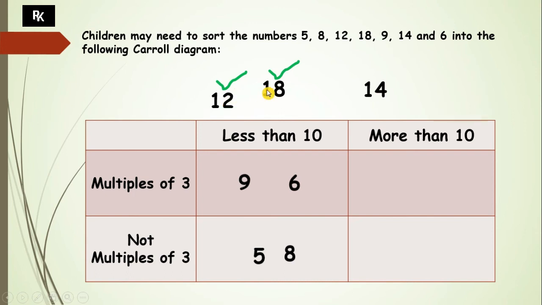Here 12 and 18 are the multiples of 3 and these are also more than 10. So I will write these numbers in this box. 12 and then 18. The last number is 14. It is more than 10 and not multiple of 3. So I will write 14 in this box.